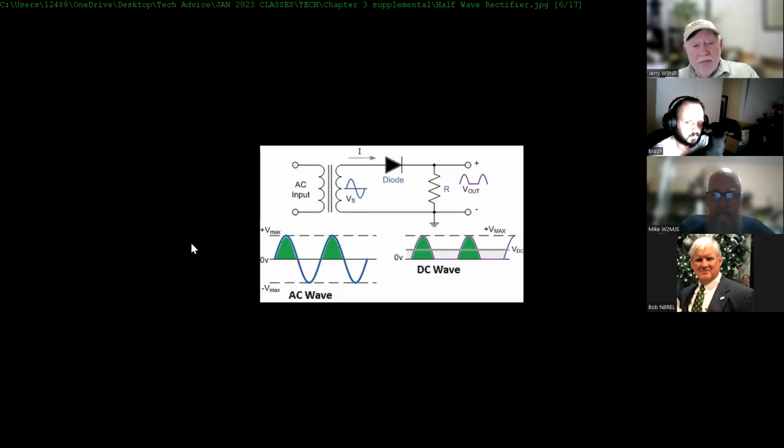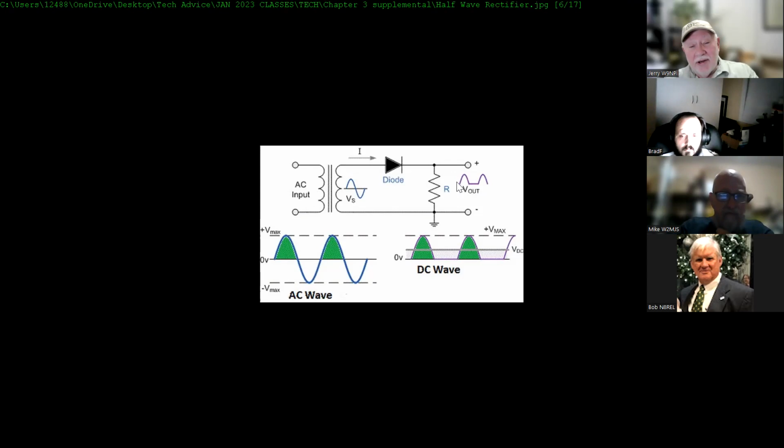Here's another purpose for a diode. Okay, you can see the transformer, which is two coils wound around a common metal core. You can see the wave here goes through the diode, and in this case, it only takes the positive part and doesn't allow the negative part of the AC to pass through.